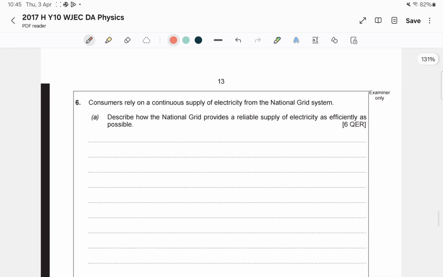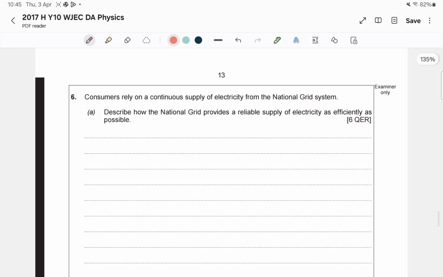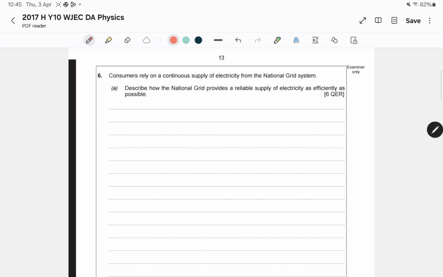Question 6. How does this supply a reliable supply of energy as efficiently as possible? So it's all about the national grid. First of all, the order that's going to happen is we've got the power station.